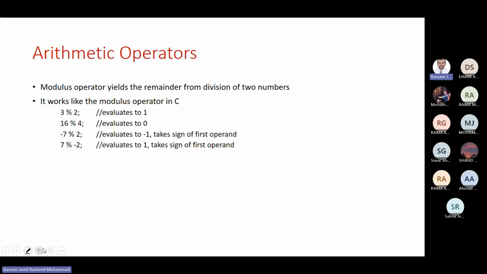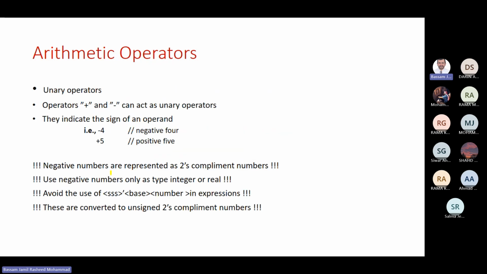Okay, arithmetic operators, more on the modulus. There is nothing new here. I would discourage using negative numbers with modulus in Verilog. Really, don't do that. Basically, it is not very appropriate for Verilog. Verilog is more of a bit and byte oriented language.